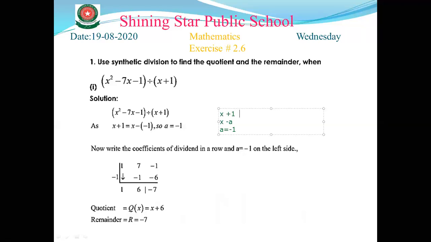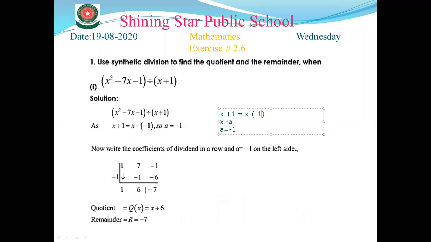Because we can write this x plus 1 as x minus bracket minus 1, so it is again x plus 1. So a is equal to minus 1.